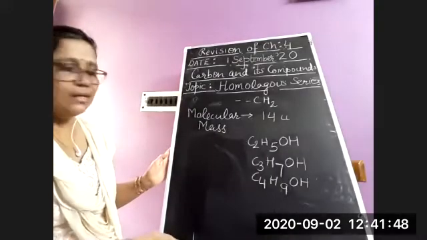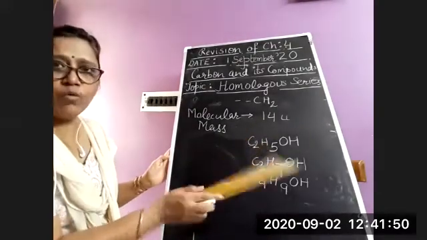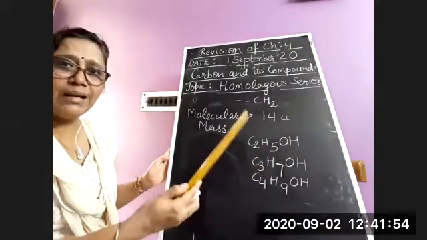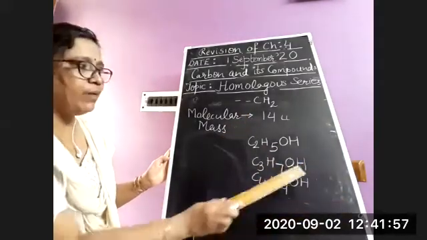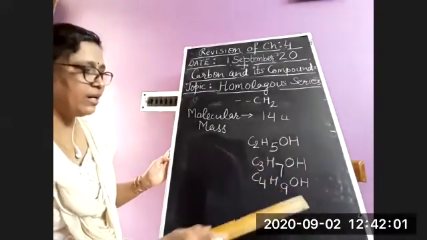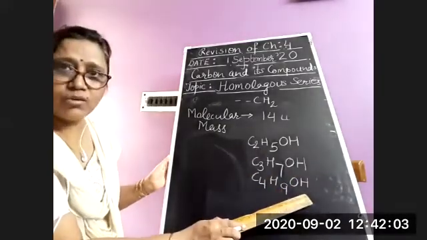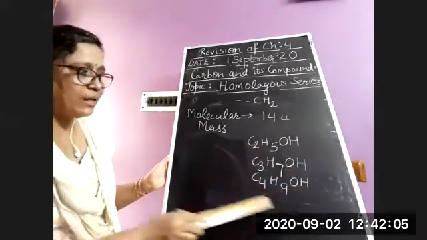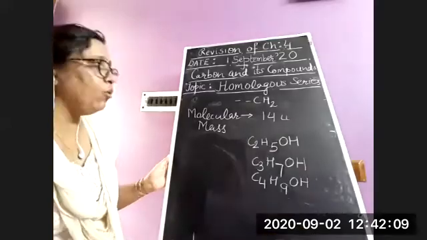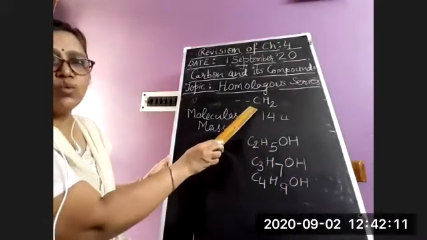You can see in ethane I have removed one hydrogen and OH is attached, in propane C3H7 I have removed one hydrogen atom and attached OH, and in butane also I have removed one hydrogen atom and attached OH. These groups of atoms are in a particular series in order. How? I have to check these two characteristics.